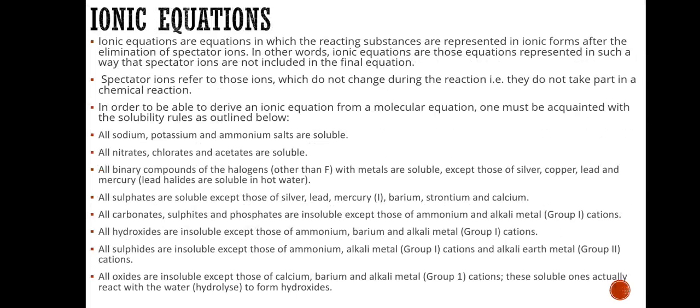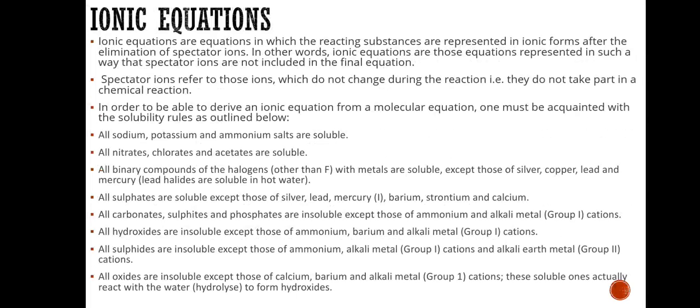In order to derive an ionic equation from a molecular equation, one must be acquainted with the solubility rules as outlined below. The first is that all sodium, potassium and ammonium salts are soluble. You should notice this when you are trying to make the ionic equation.